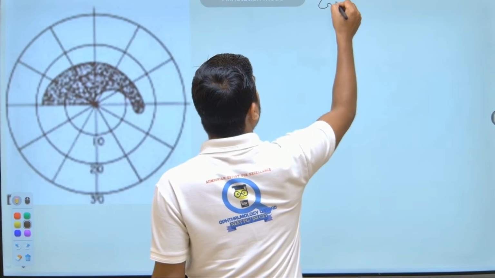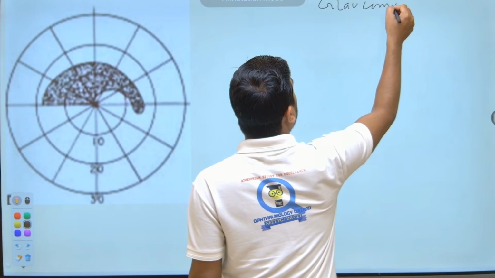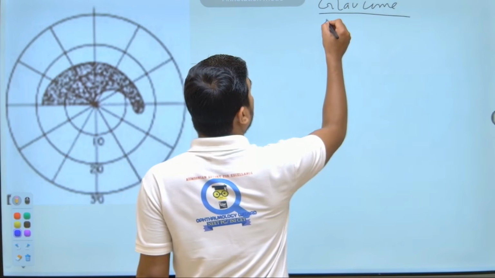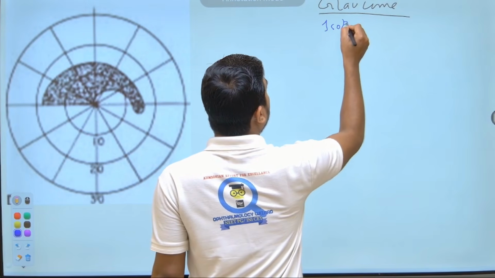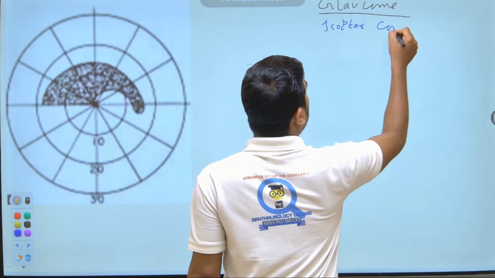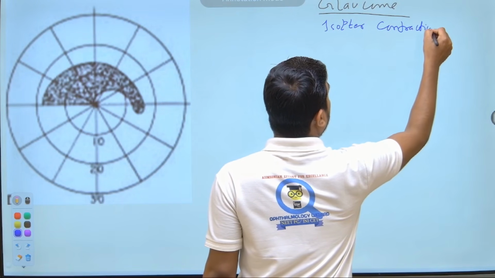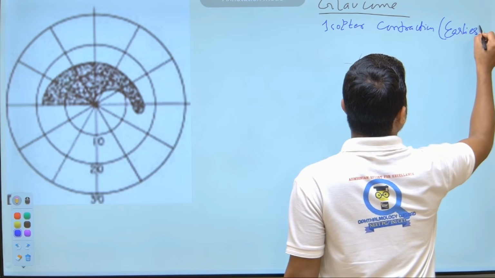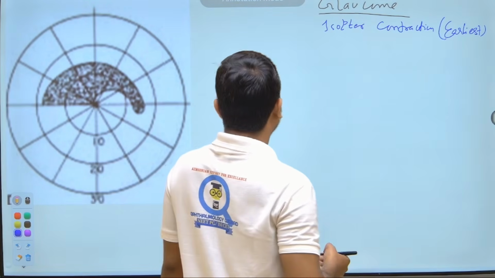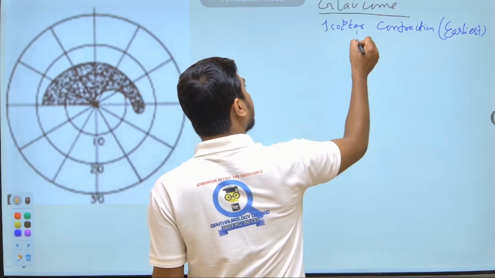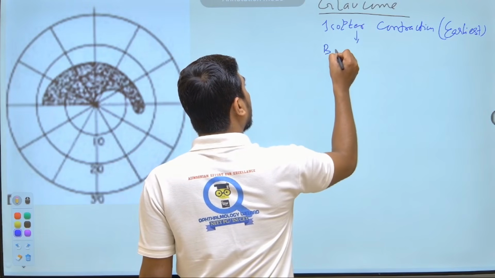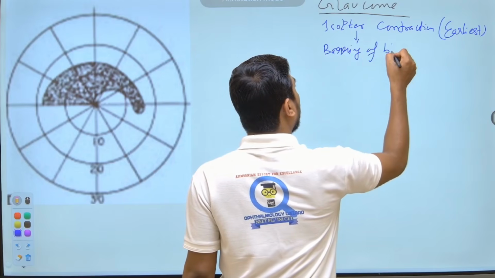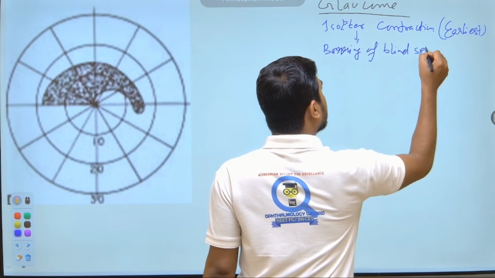If there is glaucoma, the first thing that will happen is isopter contraction, and this isopter contraction is the earliest, right? Followed by baring of the blind spot.